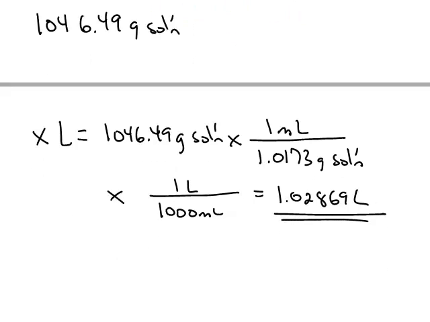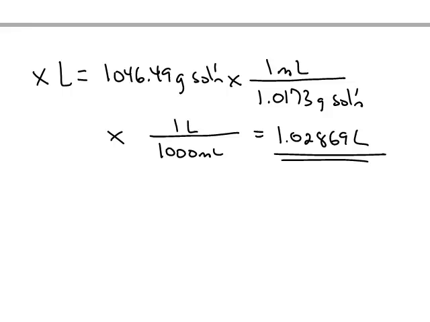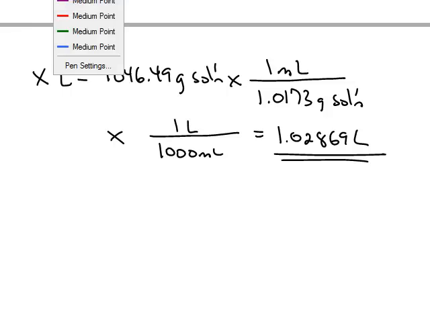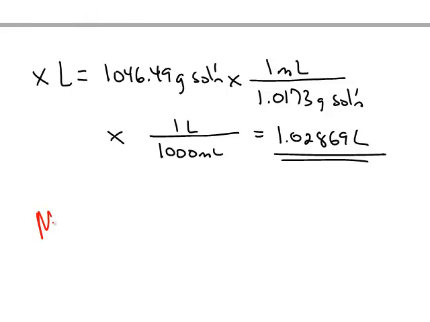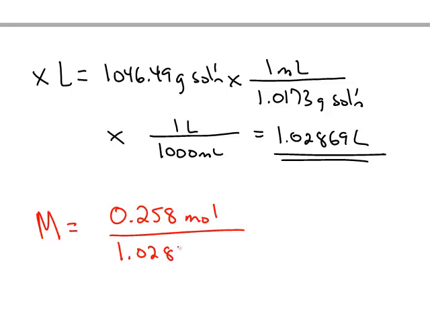So we get 1.02869 liters of solution. We have both parts that we need for the molarity. We knew the numerator was 0.258 moles of glucose. We just found the denominator, and the molarity is 0.251 molar.